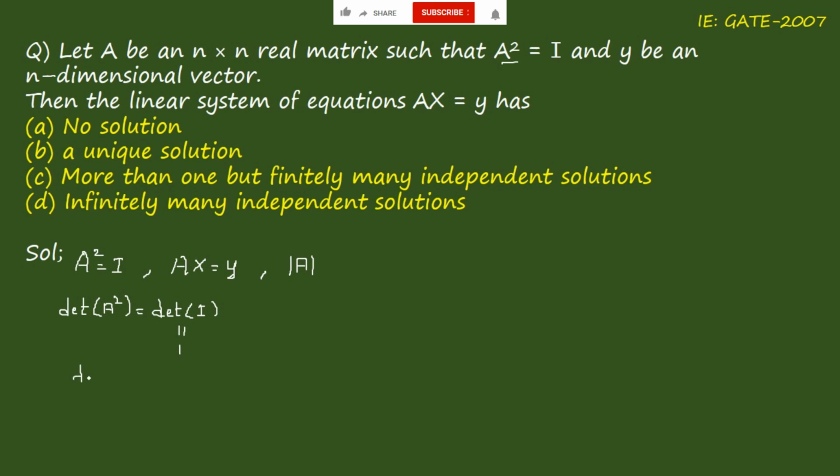Then we can say that determinant of A square is equal to determinant of A into determinant of A, which is equal to 1. Then we can say that determinant of matrix A can be equal to plus or minus 1, but not equal to 0. So we got a determinant of the matrix not equal to 0. If the determinant of a matrix is not equal to 0, then we can say that it has a unique solution, right? So answer is option B.